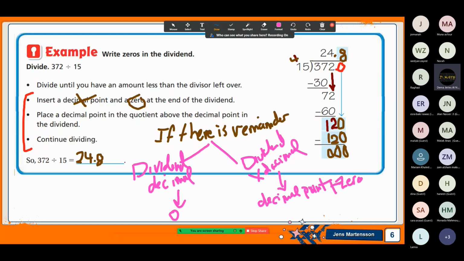And the same for the quotient. If the quotient has a decimal, don't add the decimal because there's no 2 decimal points in the number. But if the quotient hasn't had any decimal point, you have to add it. Got it, grade 5? Yes. Okay.